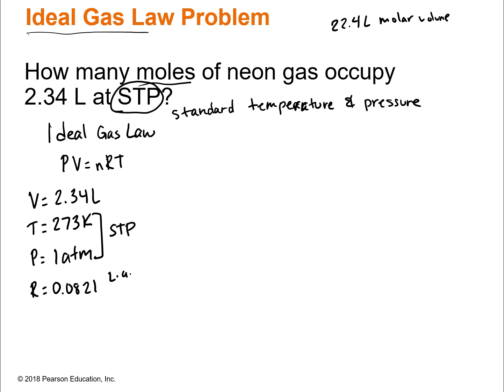R is a constant, and the number of moles we don't know. So the next part in this is to rearrange the ideal gas law to solve for the number of moles. To do that, you divide both sides by RT.